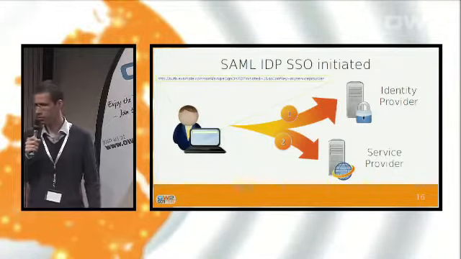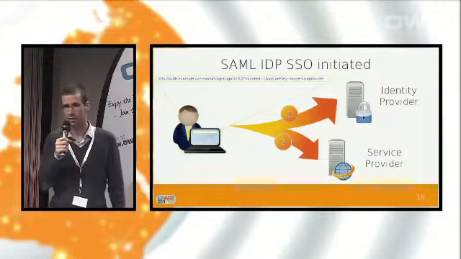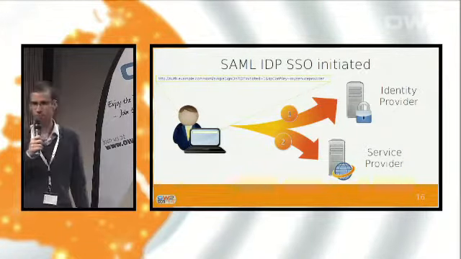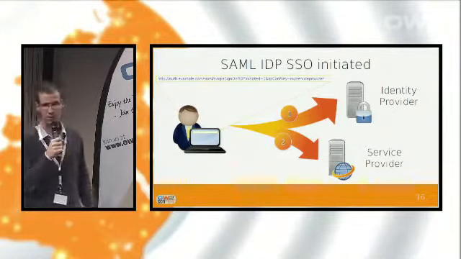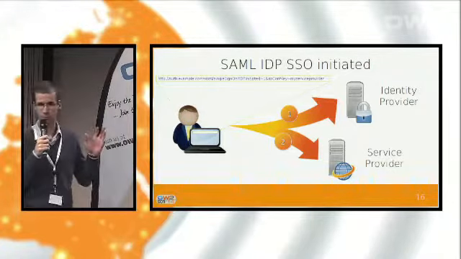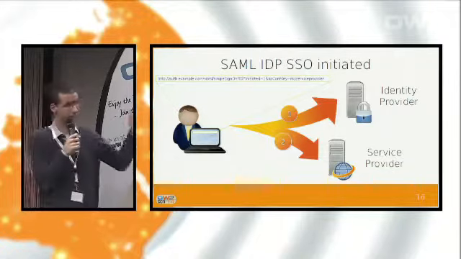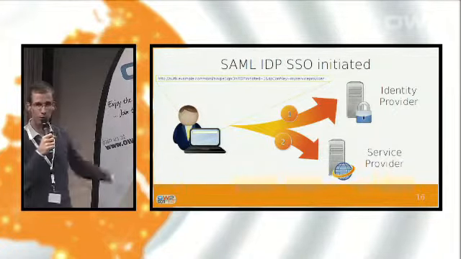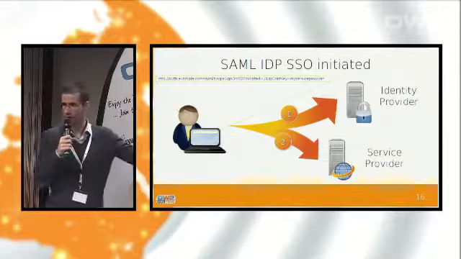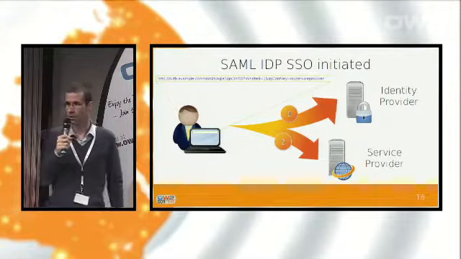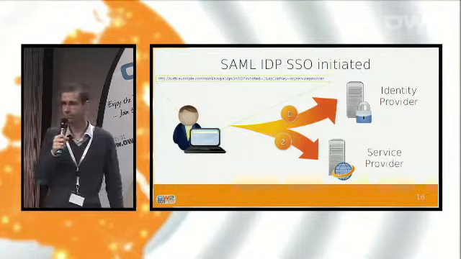Another feature, SAML identity provider initiated. Before that, you have to go to the service provider, then you are redirected to the identity provider, and you have to log in, and then you can come back on the service provider.